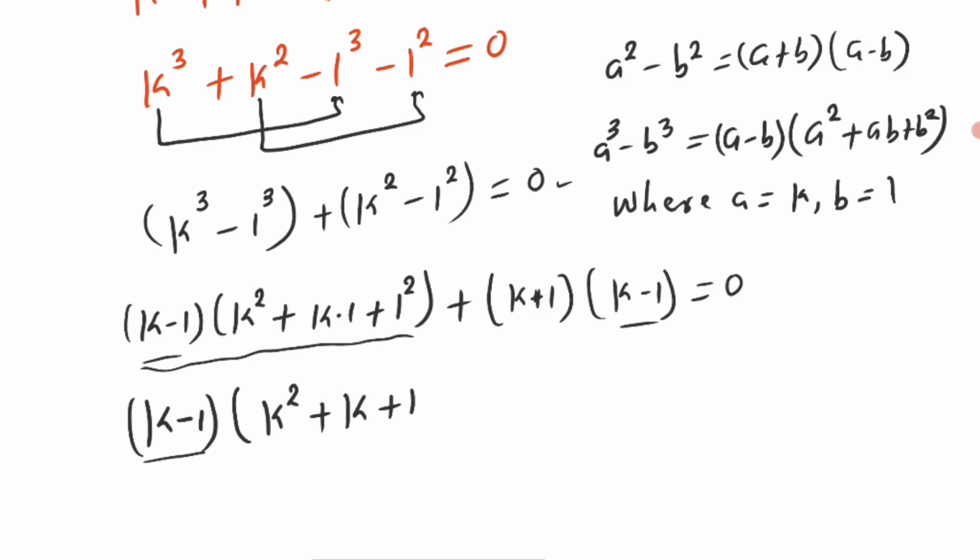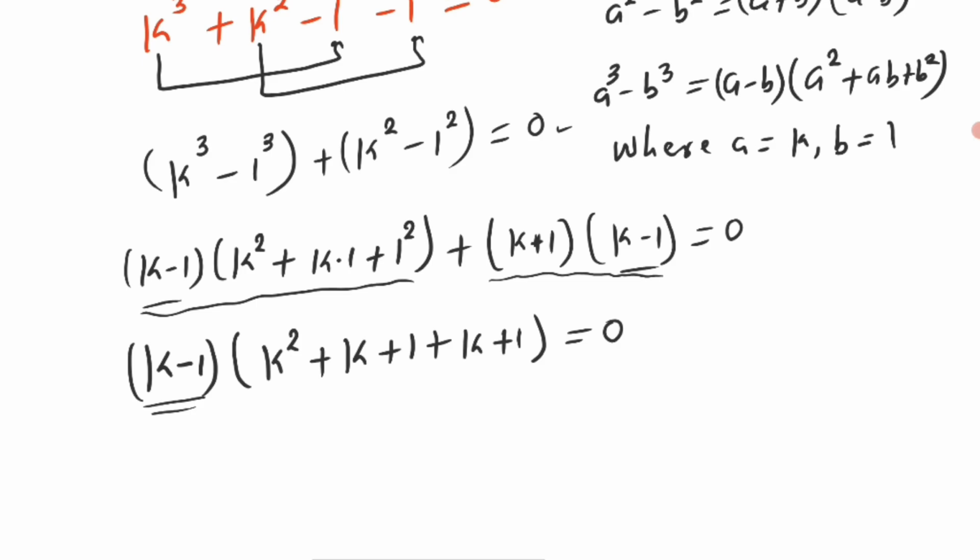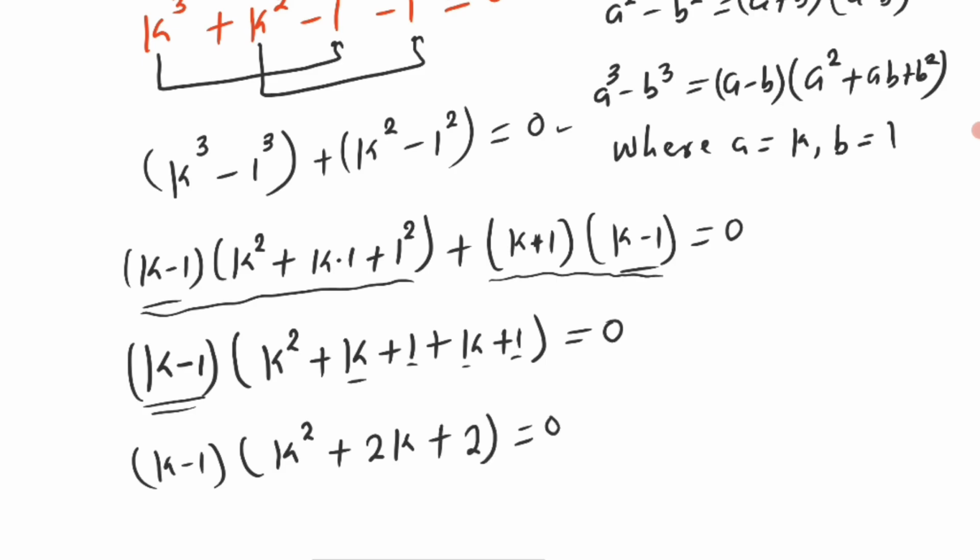Then if you divide the whole of this by this, we have plus k plus 1 is equal to 0. K minus 1 bracket k square plus k, this is 2k, plus 1 plus 1, here 2, is equal to 0.